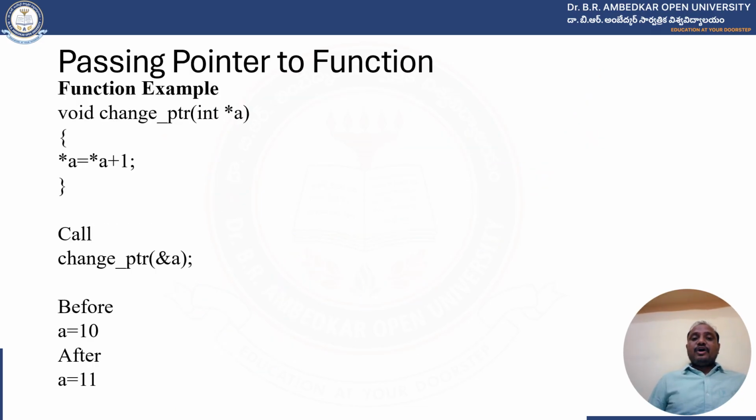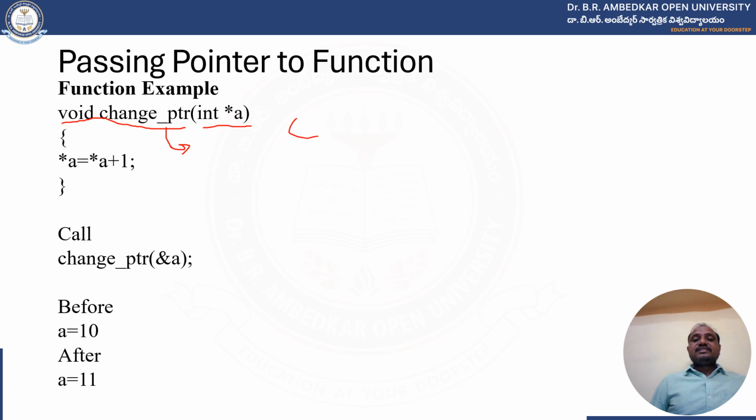Now, passing a pointer to a function. Here we see how it will be executed. We are taking one function called void changeptr, which is the function name, and here int asterisk a.